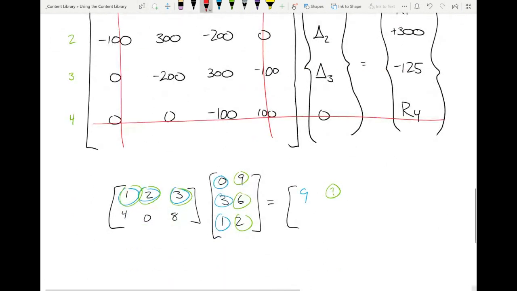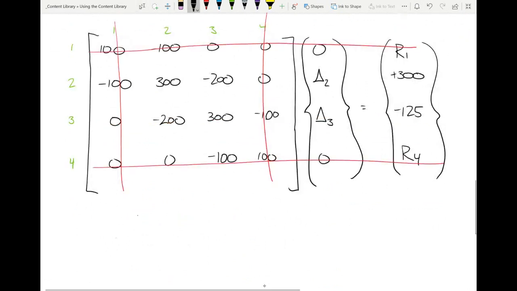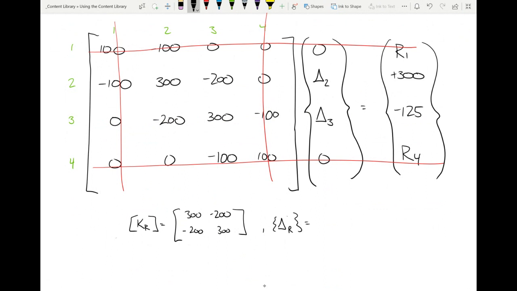And so what am I left with when it's all said and done? I'm left with a KR of 300, minus 200, minus 200, 300. I'm left with a delta R of delta 2, delta 3.